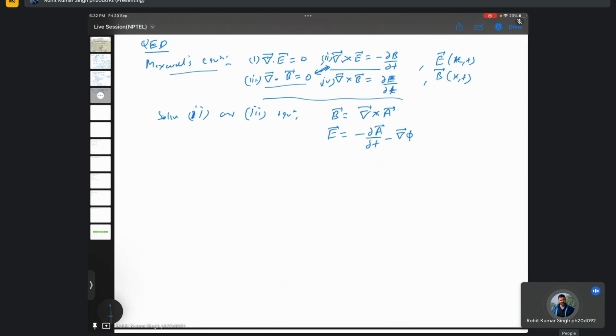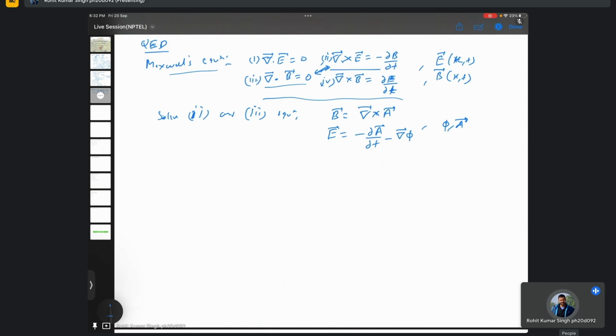Now what are these phi and A here? Anyone knows? Scalar potential and vector potential. Yes, these are our good old potentials.